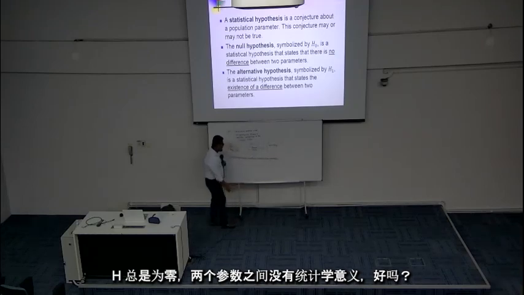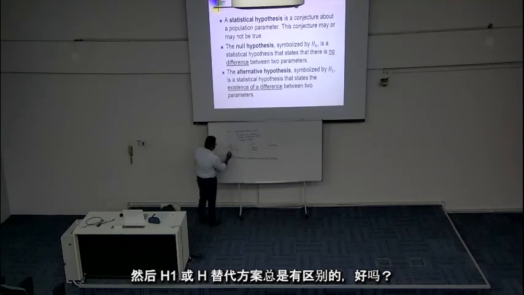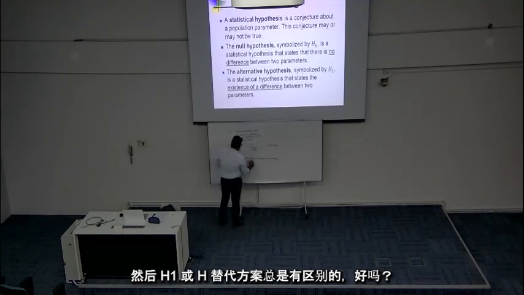H null is always that there is no statistically significant difference between two parameters. And then H1, or H alternative, is always that there is a difference.